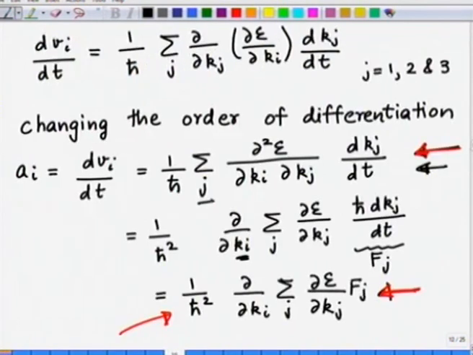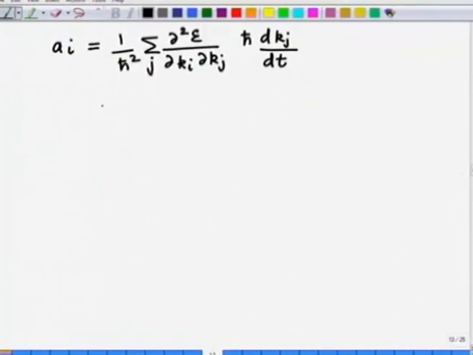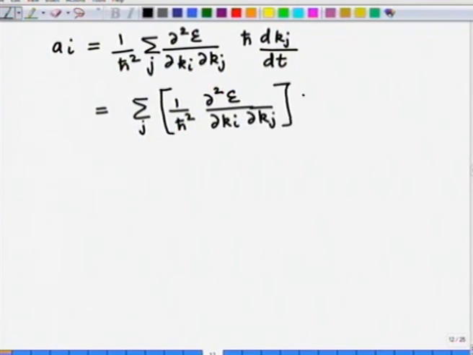So I can write this as summation of 1 over h square del square E del k_i del k_j, this whole thing, times f_j, and this summation is over j. If so, let me define a quantity called M_ij.